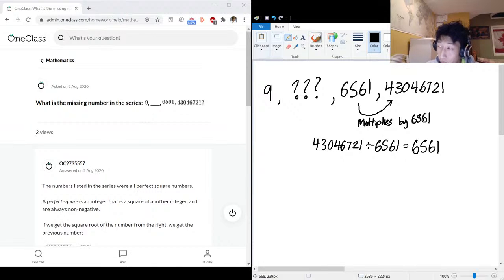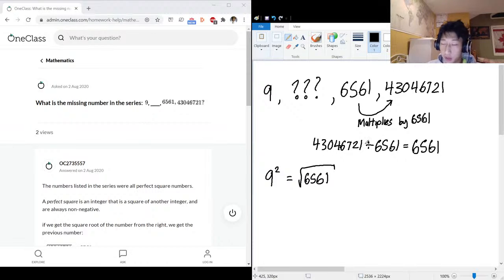Is that the case? Well, let's find out if the actual rule is that the current term is the previous term multiplied by itself. If that was the case, 9 squared would be equal to the square root of 6561. Because to go forwards in the pattern, we're multiplying it by itself, and to go backwards, we'll do the opposite, which is taking the square root.